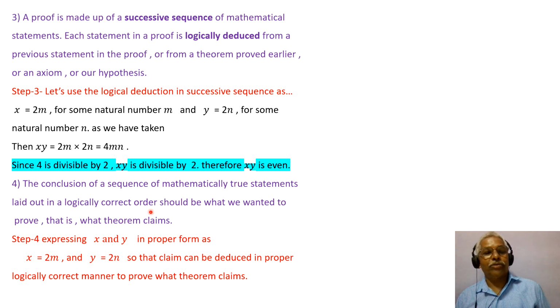The whole statement says that we have to place the statements in proper order. So step 4: expressing x and y in proper form as x equal to 2m and y equal to 2n, so that the claim can be deduced in a logically correct manner to prove what the theorem claims. This is how we have to proceed to prove a theorem.